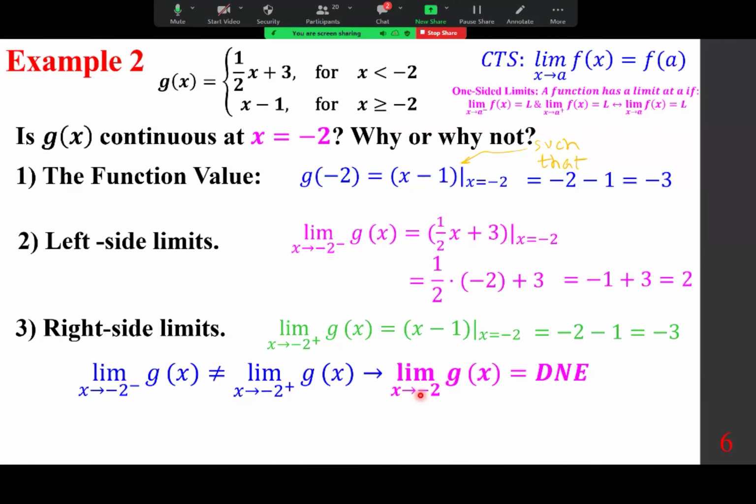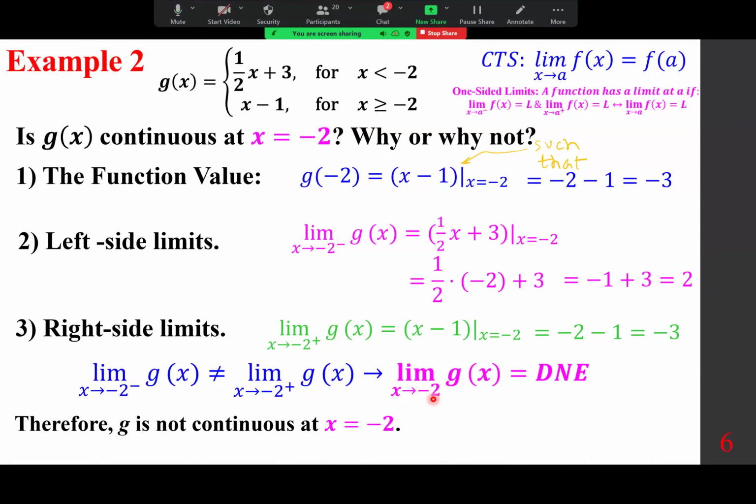Therefore, the limit of g of x as x approaches -2 does not exist. Therefore, g is not continuous at x equals -2.